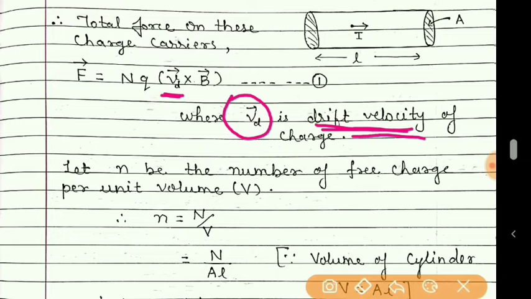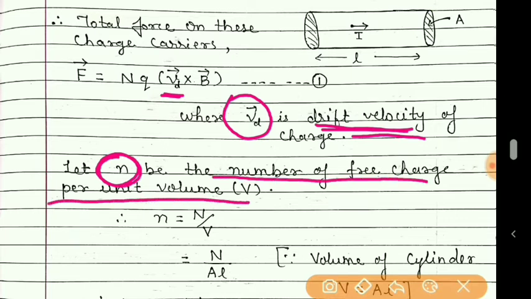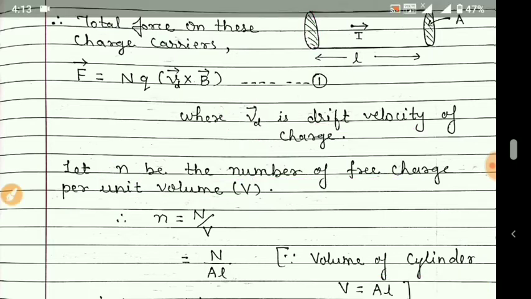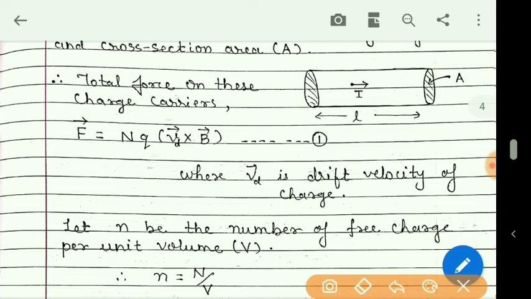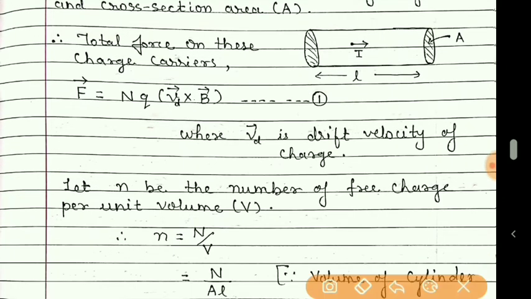Now let us consider the concept of volume. Here this small n is nothing but the number of free charges per unit volume. This conductor is shown whose cross sectional area is given as well as its length.